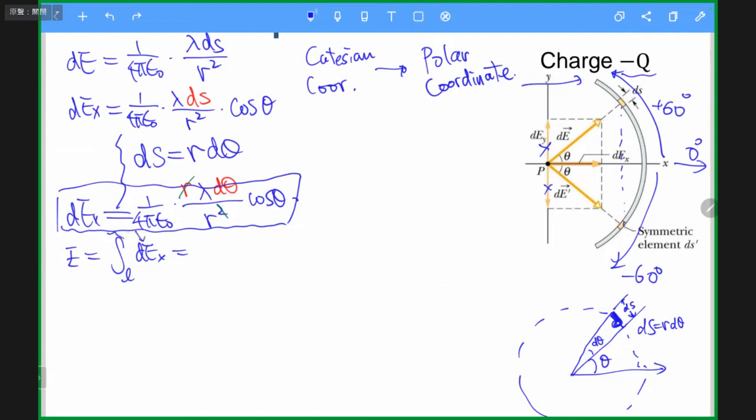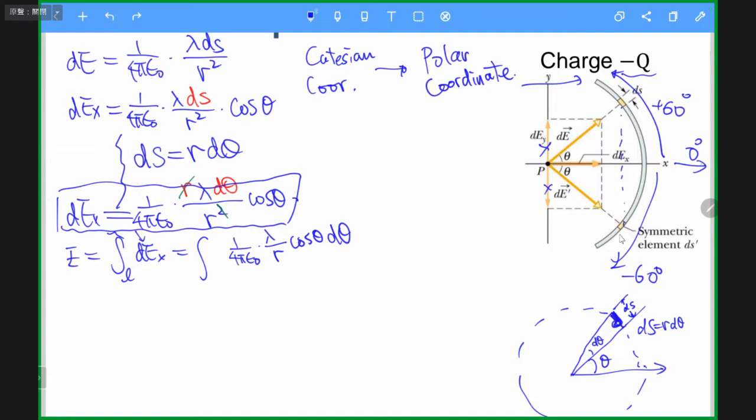It looks like 1 over 4 pi epsilon naught times lambda over r, and then cosine of theta d theta. And then, as I mentioned, we need to write the lower bound and upper bound of this definite integral.